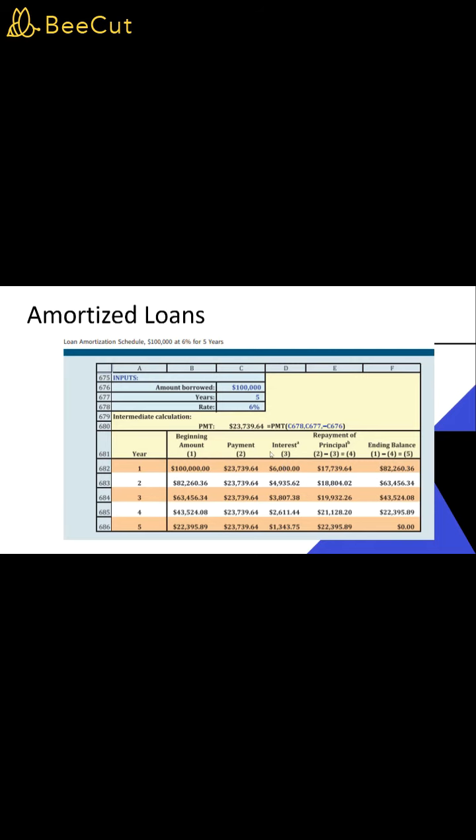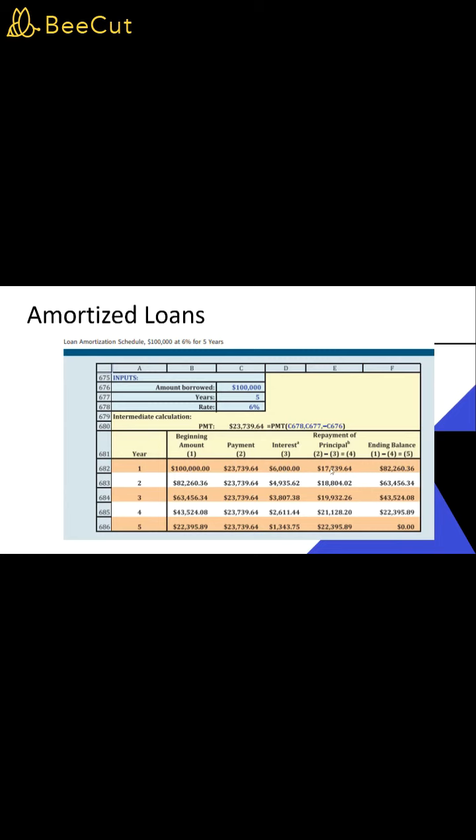In the first row, the interest rate is always going to stay the same. And you're always going to be taking the interest on the beginning amount. So the beginning amount in year one is 100,000. So 100,000 multiplied by 0.06 is 6,000.